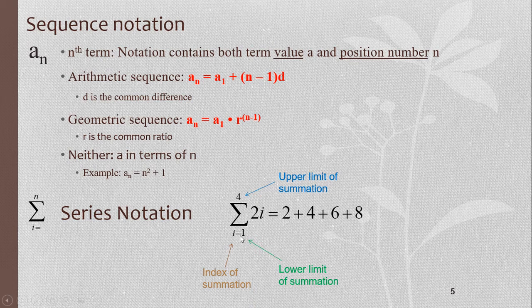So this is the lower limit, this is the upper limit, and this is the index. So if I had the sum of i equals 1 to 4 of 2i, well, if i is 1, it's going to be 2. i is 2, 2 times 2 is 4. 2 times 3 is 6, and my upper limit 4, 2 times 4 is 8. So this would be equal to 20.